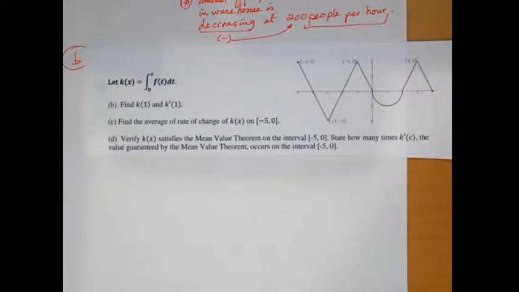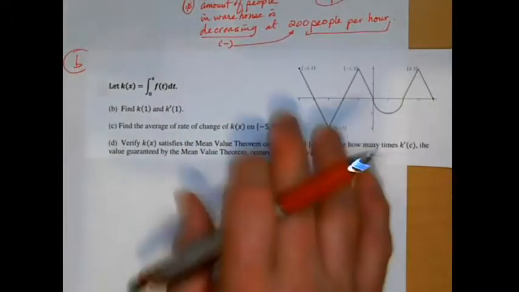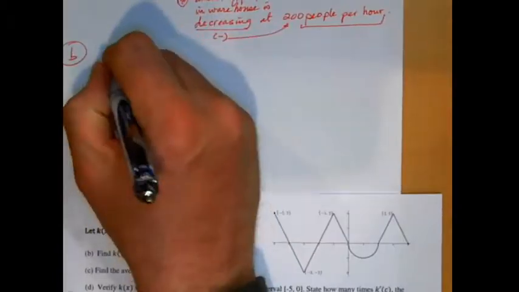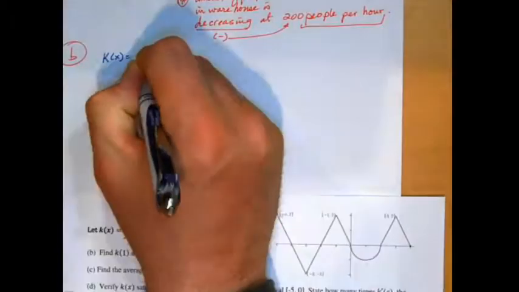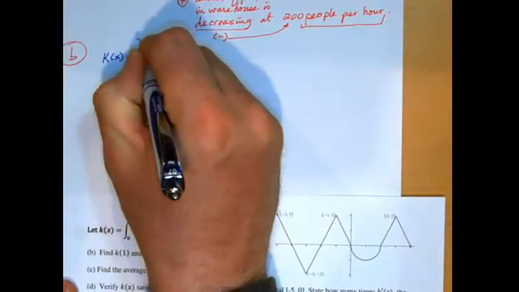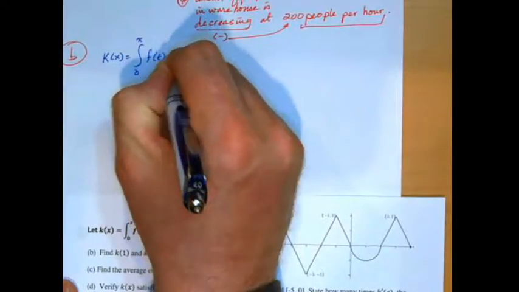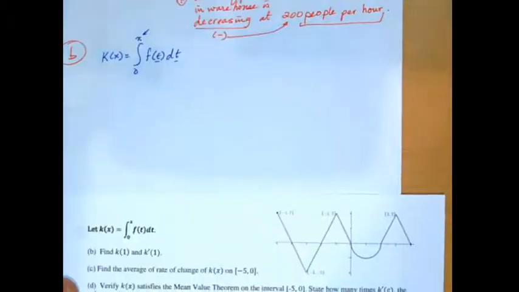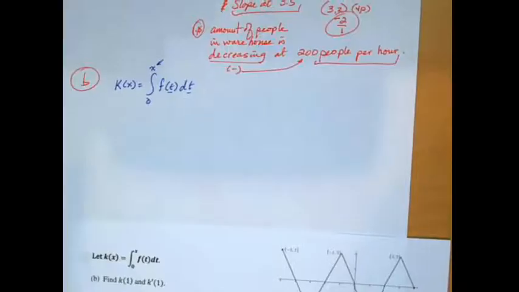I've rearranged it a little bit, so I'm going to put K of 1 and K prime of 1, and we're going to show you what's going on. I'm going to copy down this problem again. I'm going to go blue. K of x is the integral from 0 to x of f of t dt. Reminder, fundamental theorem of calculus, second: if you see the x on the top, you see a dummy variable t for that x.